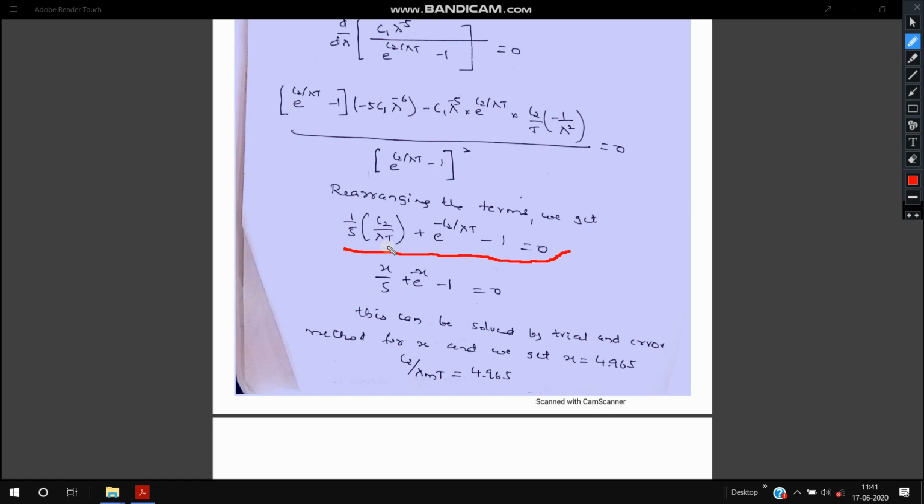Putting the value of C2 by lambda T as x, we get x by 5 plus e raised to minus x minus 1 equals 0.